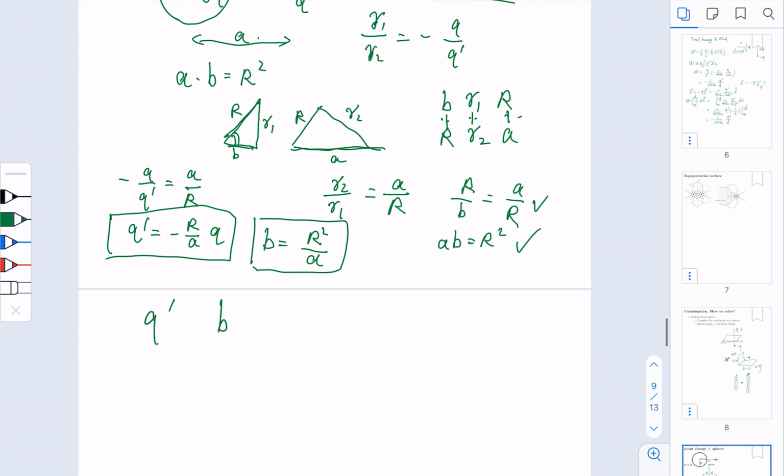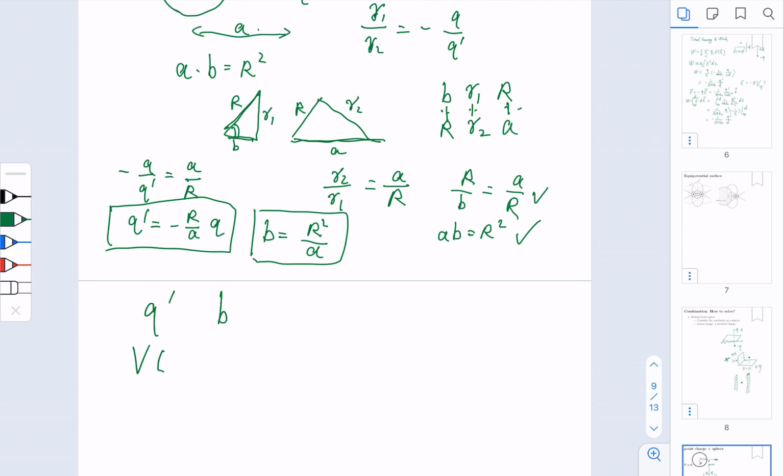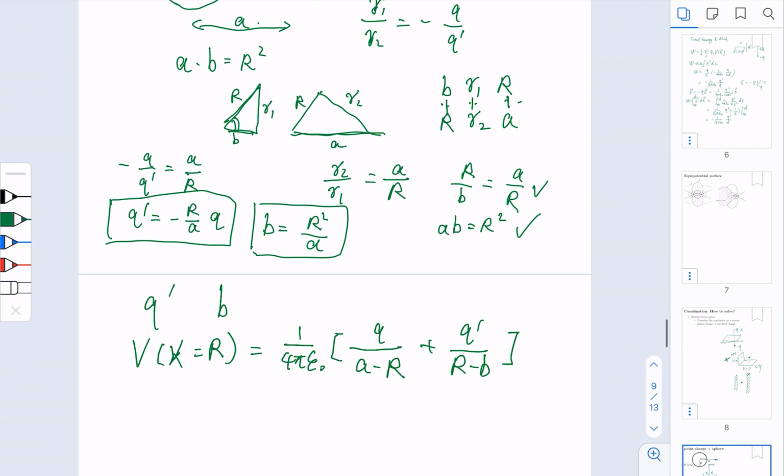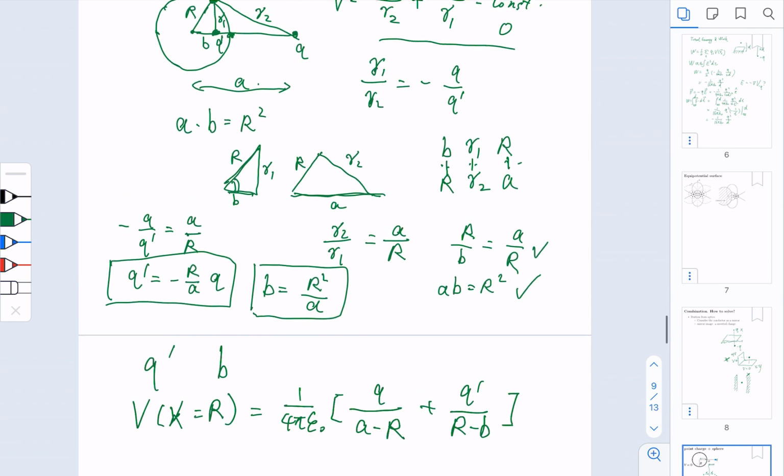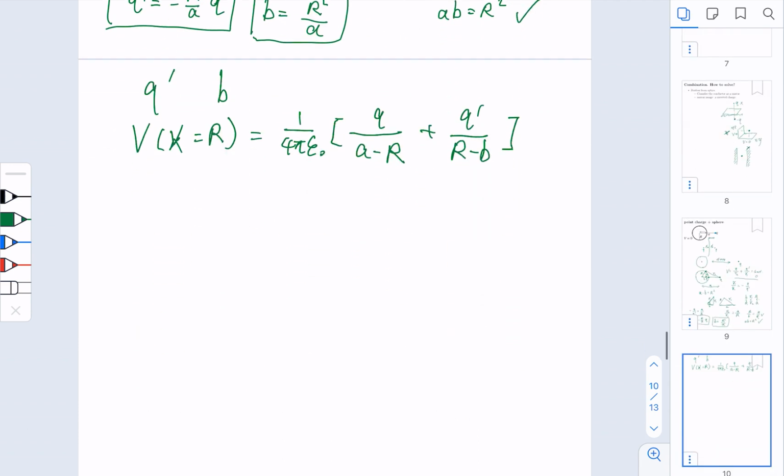Now this means we try to calculate the potential at x equals R, and then this gives, so here the first term is the potential due to the real charge, and because here this distance, let me try to plot another.